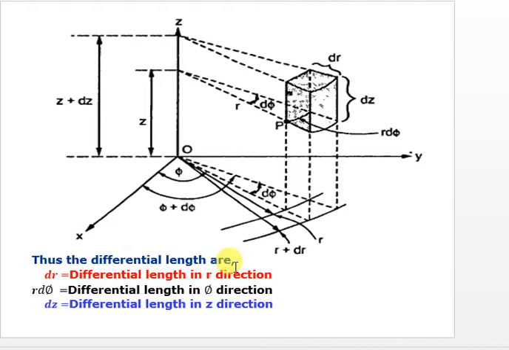In the phi direction, the differential element is r d phi. In the z direction, the differential length is dz. A vector in cylindrical coordinates is represented by dl, and this vector will be dr unit vector ar plus r d phi unit vector a phi plus dz unit vector az.